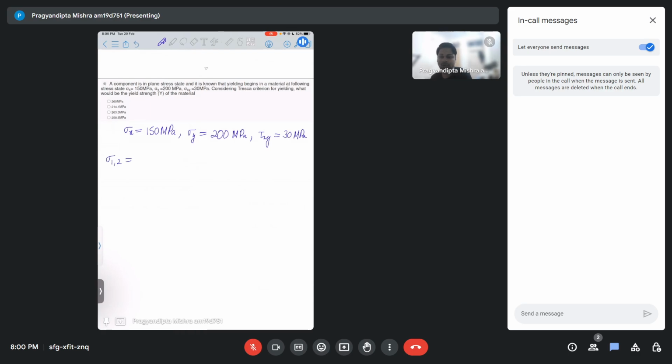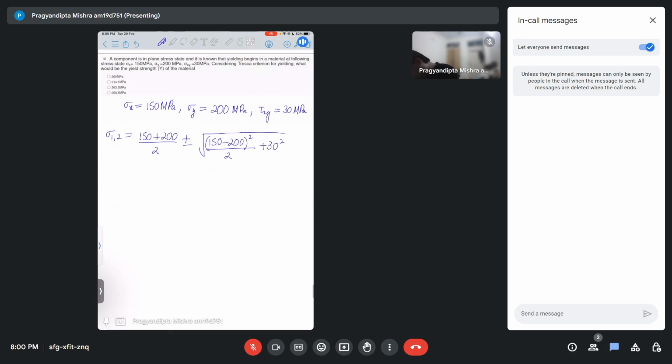So let's find sigma 1 and sigma 2, and sigma 3 will anyway be equal to 0. There is a direct formula, right? We already know this. Sigma x plus sigma y by 2 plus or minus root of sigma x minus sigma y, whole square divided by 2 plus tau square, right? This is giving us both sigma 1 and 2. So let me calculate and write the final answer directly for both the cases.